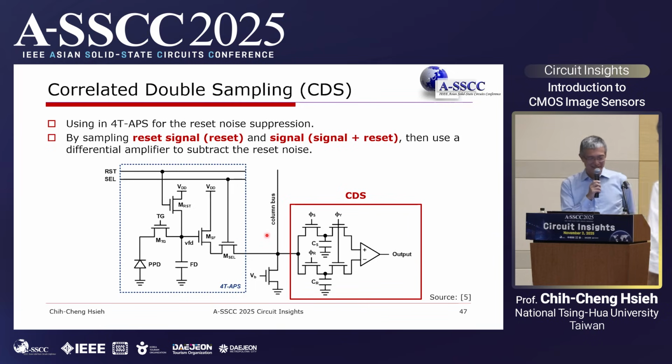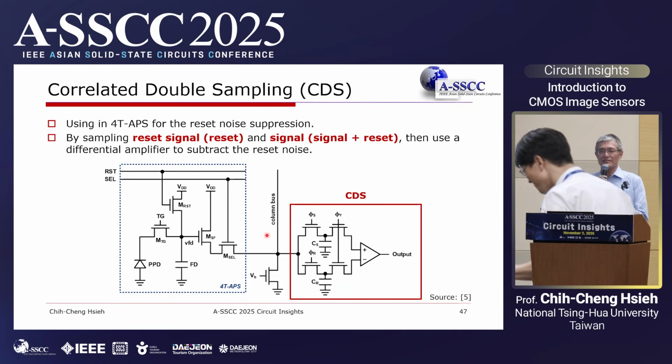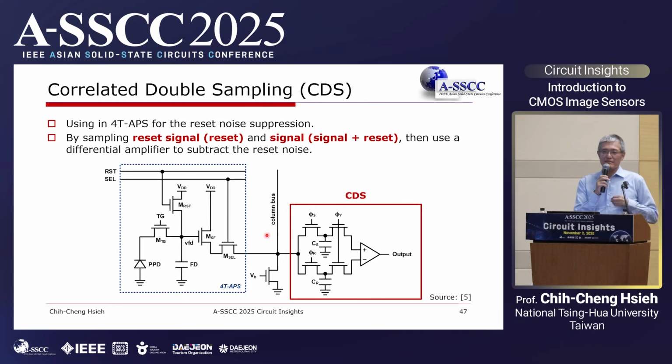Okay, good question. I didn't cover the details in this talk because it's not a basic architecture for CMOS image sensors. It's specific for motion detection. The full name of DVS is dynamic vision sensing. The whole mechanism is different from what I introduced today.